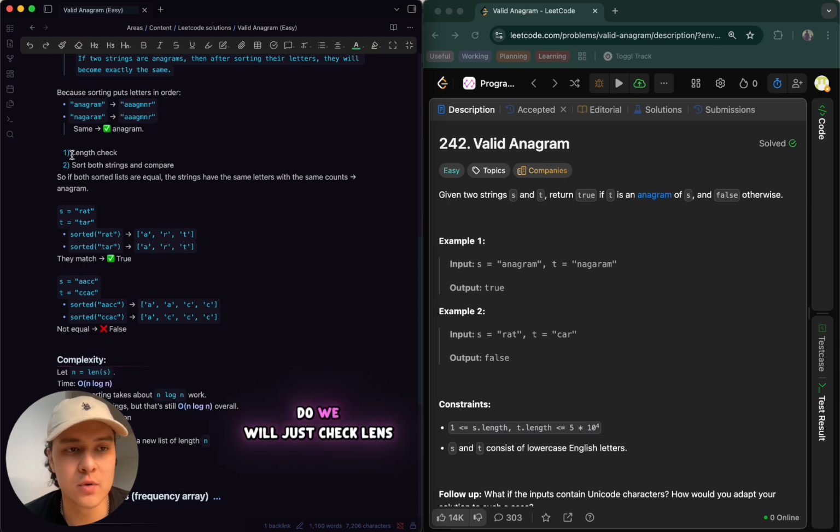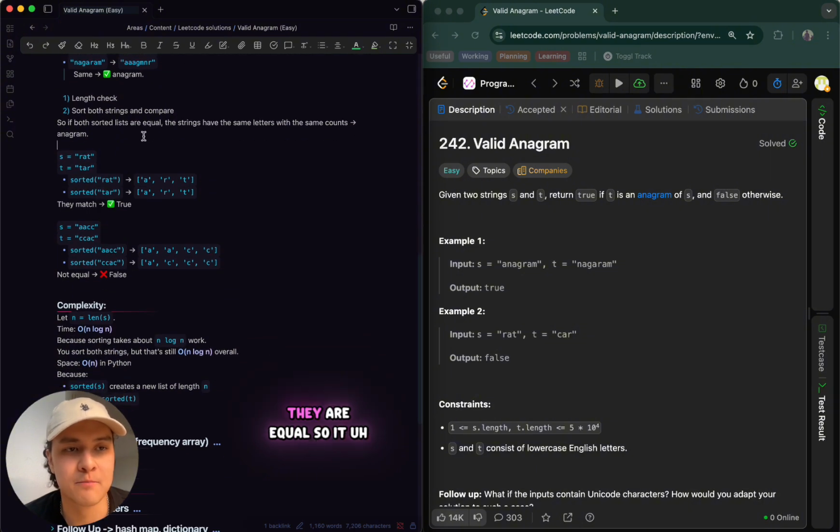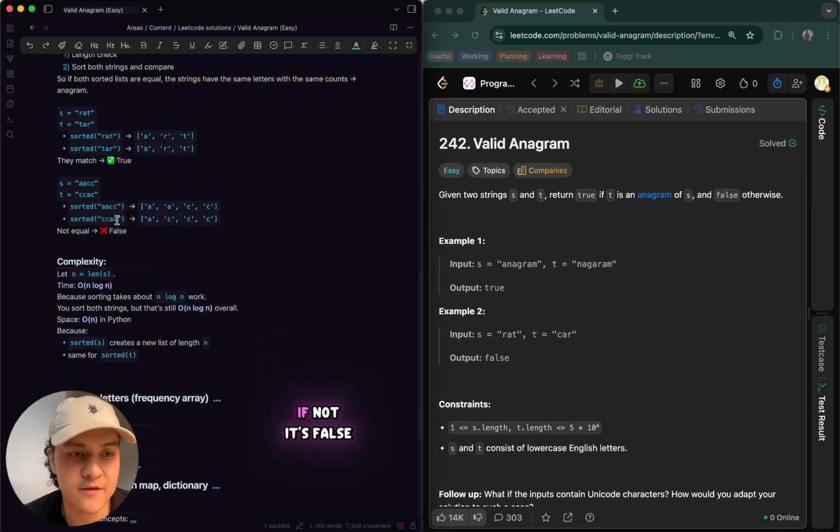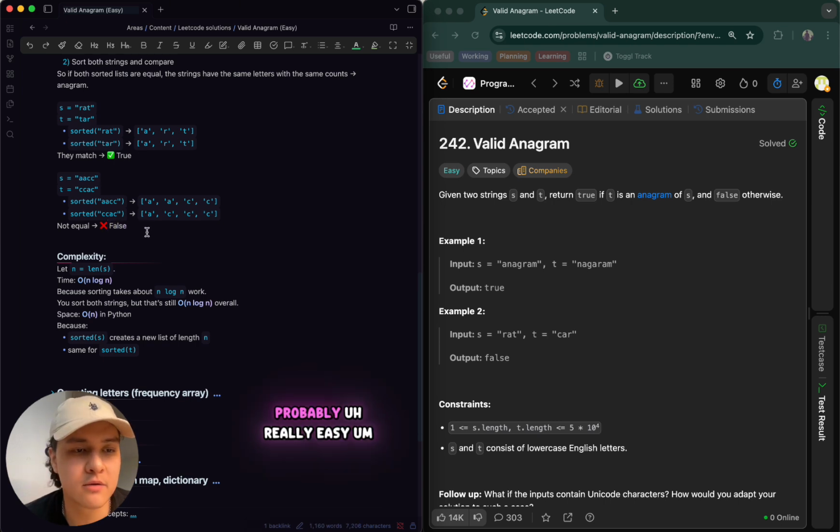What we have to do is check the lengths, sort both strings and compare them. If they are equal, it means this is an anagram and we output true. If not, it's false. Really easy.